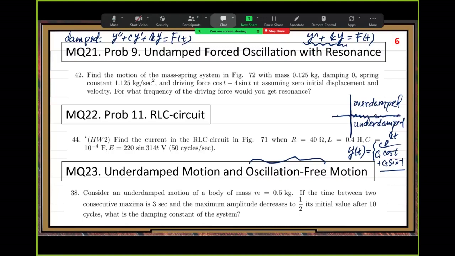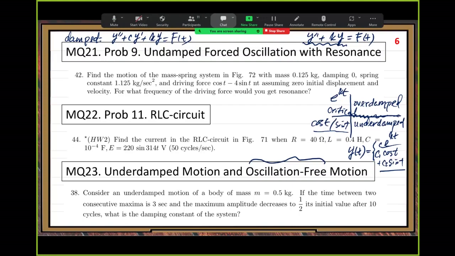This line, critical. Over-damped corresponds to the E function. Under-damped, cosine, sine. So when you see under-damped motion, you expect to write the solution in that format.